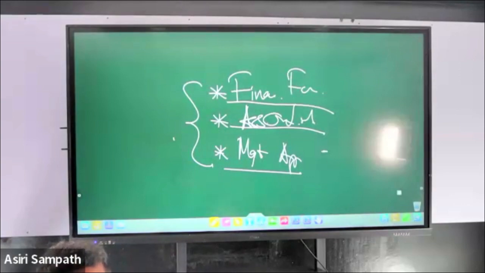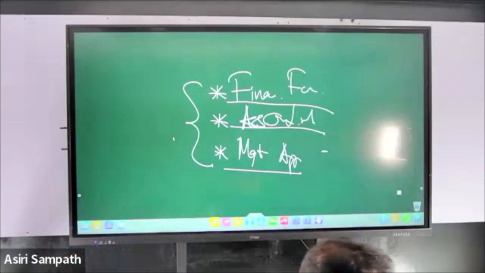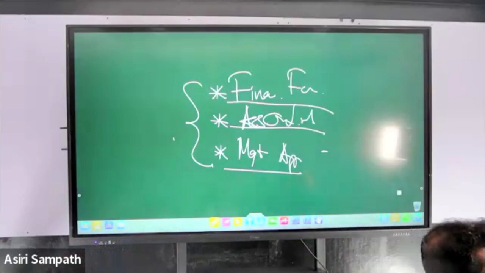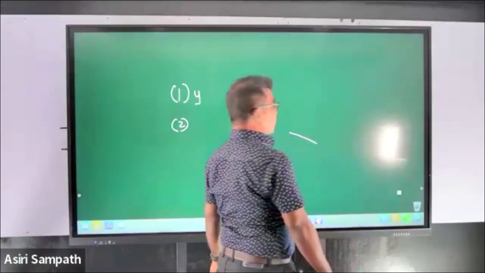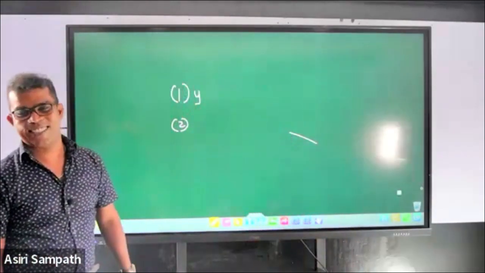Keep writing. 1, financial form. 2, movement in assets and liabilities. 3, management approval. Sample B: under that, you have to say whether it is a transaction or not. You can say yes, yes, yes, no. If you say no, you have to mention the reason. Better say yes or no, otherwise you have to mention the reason also.